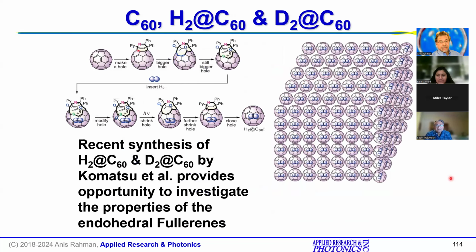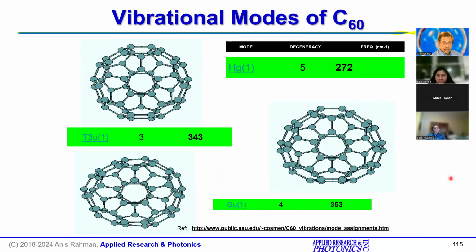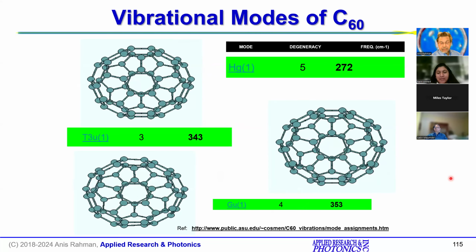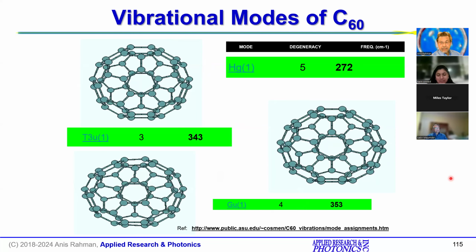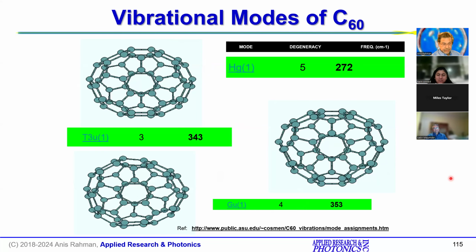And we also went through this endohedral system, which is the hydrogen molecule encaged in a buckyball or C60, and the restricted motion. It's a very convenient way to study both the buckyball as well as the endohedral system. We know that this buckyball alone has so many different kinds of resonances and vibrational states.